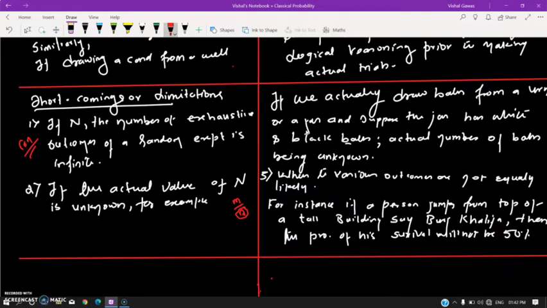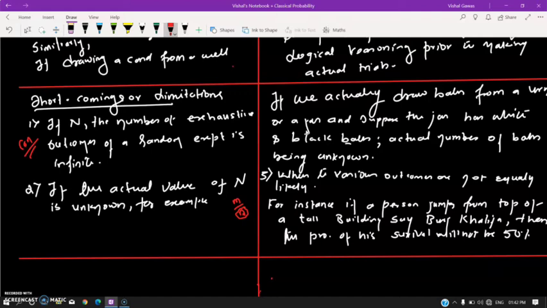For example, suppose I want to find out the probability of survival if a person jumps from the top of the Burj Khalifa. It won't be equally likely. Survival and death are not equally likely events.